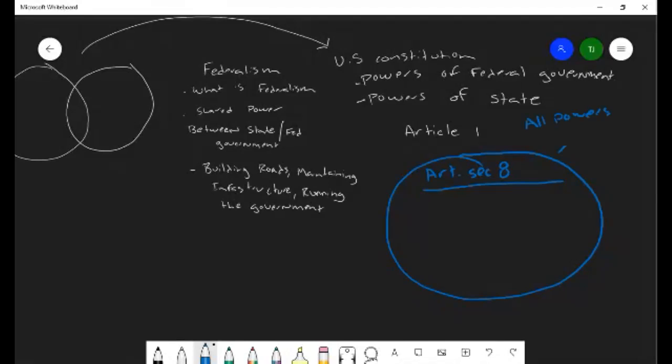These are all powers listed in the Constitution. So just even do like a quick Google search, Article 1, Section 8, and read through Section 8. And I want you to kind of identify some of the things that Congress can do. Take a moment, read through them, and then we'll kind of talk about it as a class. I want you to try to identify 2 to 3 powers.